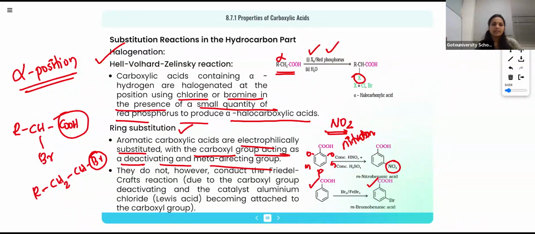The important thing is they do not undergo the Friedel-Crafts reaction, due to the deactivating carboxyl group and the catalyst aluminium chloride becoming attached to the carboxyl group. The reason is also important. Got it?